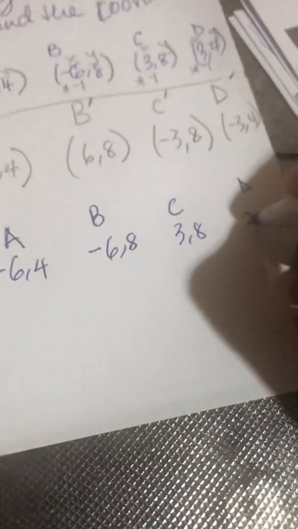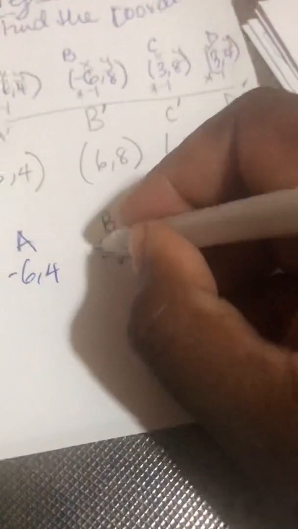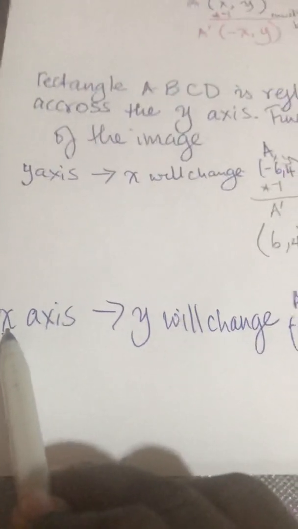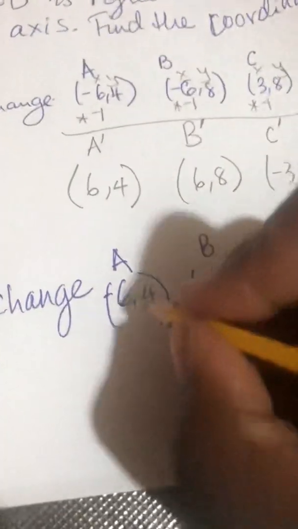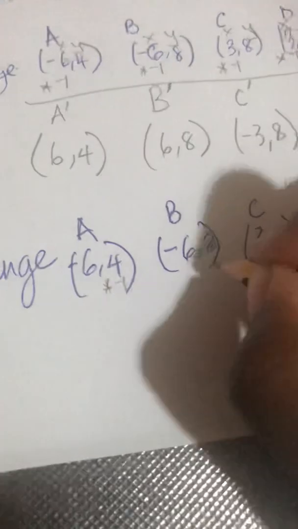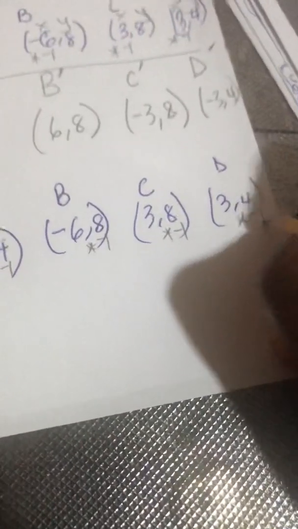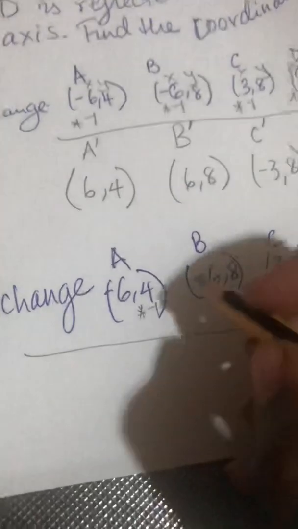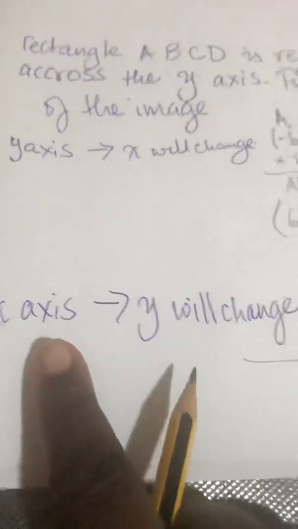And D is 3, 4. The question said reflect across the x-axis. Y will change. Multiply y with -1. And then A double prime, because it's the second time I am doing it.